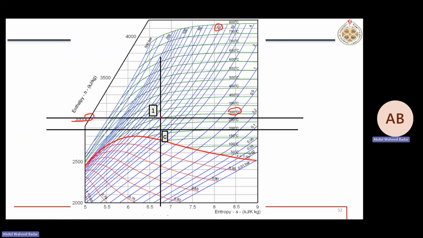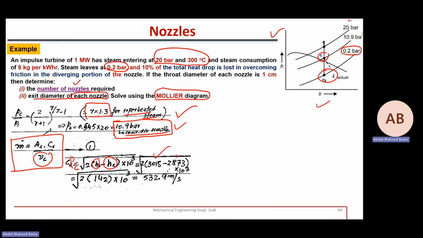So this is point 1, this is point C, 10.9 something. So this is 10 bar, and here 11 bar, because this is 15, this is 20. So roundabout here. This is HC, this is H1. So directly from that table, H1 minus HC multiplied by 10 to the power 3.